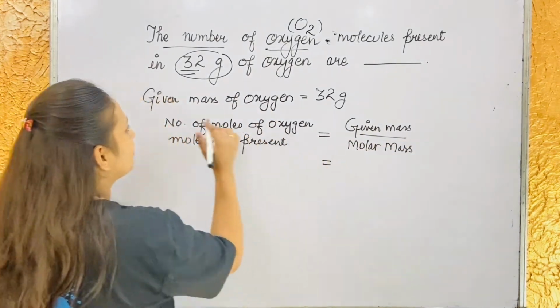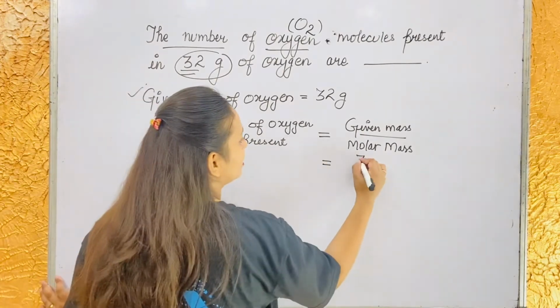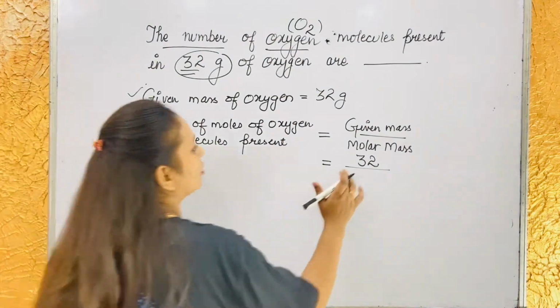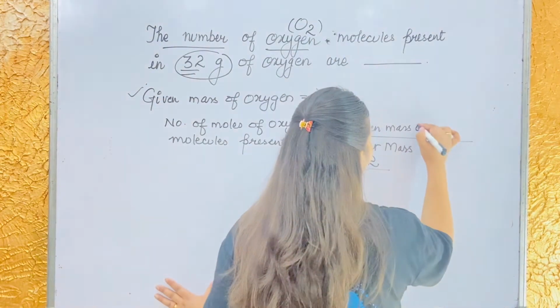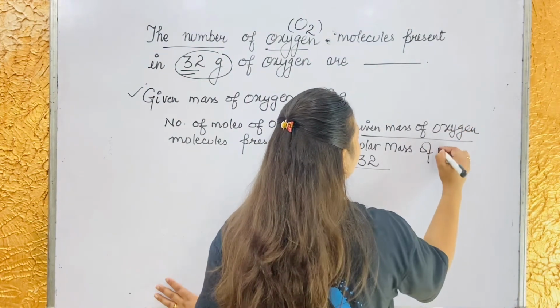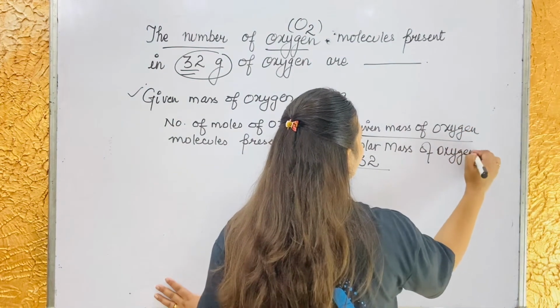What is the given mass of oxygen? 32 divided by molar mass of oxygen. Given mass of oxygen upon molar mass of oxygen.